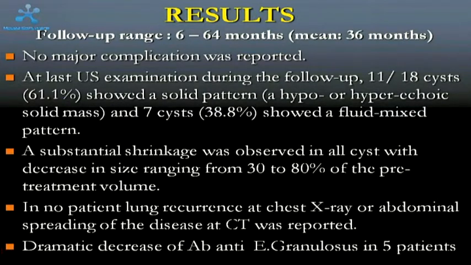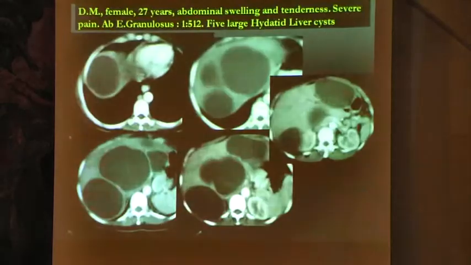A substantial shrinkage was observed in all cysts, with decreasing size ranging from 30 to 80% of the treatment volume. In no patient was lung recurrence on chest X-ray or abdominal spreading of the disease at CT reported. A dramatic decrease of anti-echinococcus antibody titer in 5 patients was observed.